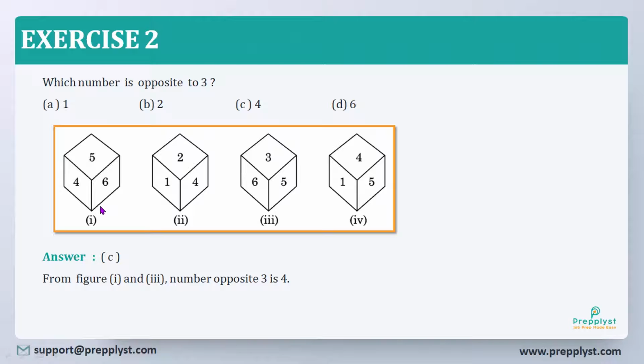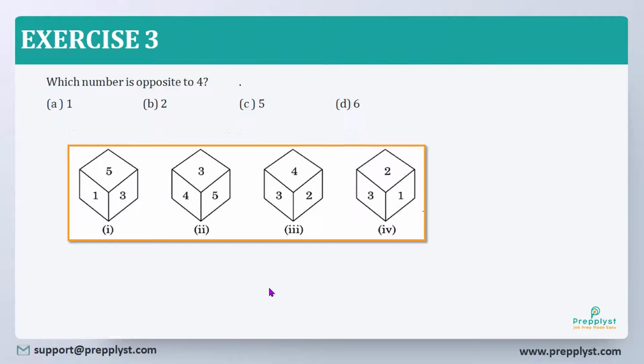And at the same time, you would see that 3 is adjacent to 5 and 4 is adjacent to 5. That means 3 would lie on this side, which is bang opposite to the face which has the number 4. That means the number opposite 3 is 4. And that's my answer, option C.